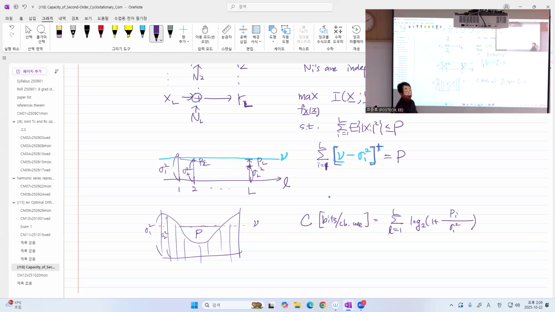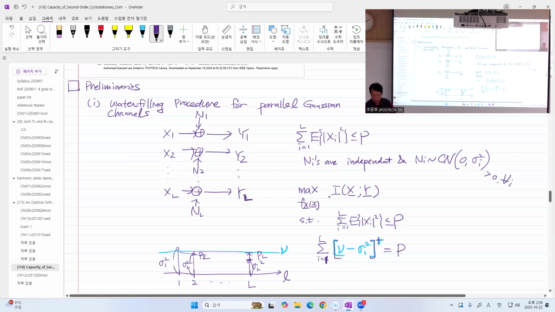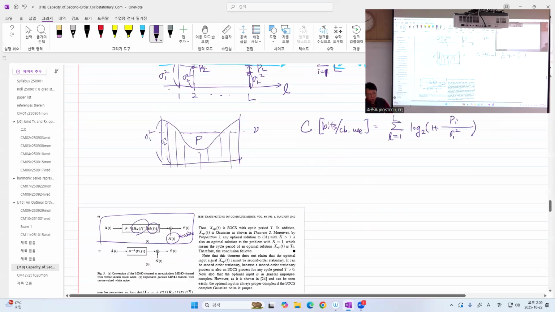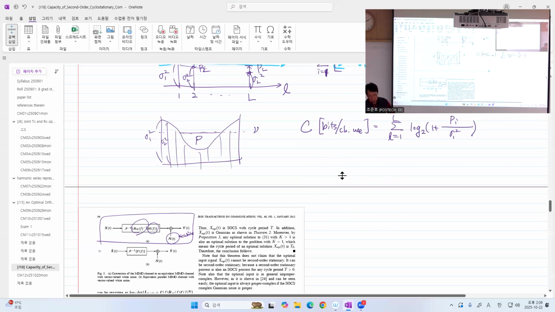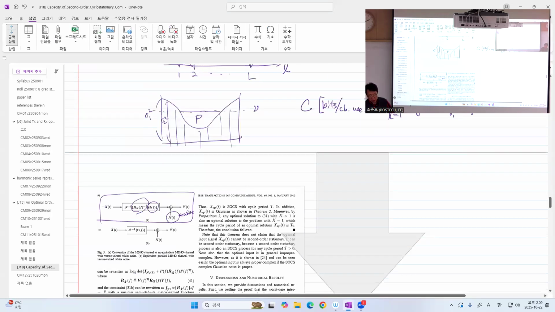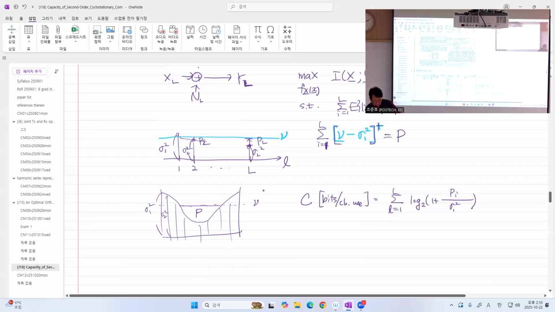If we assume real Gaussian, then we must have 1/2. Anyway, this is the water filling procedure, and I believe most of you learned this procedure in the information theory course.